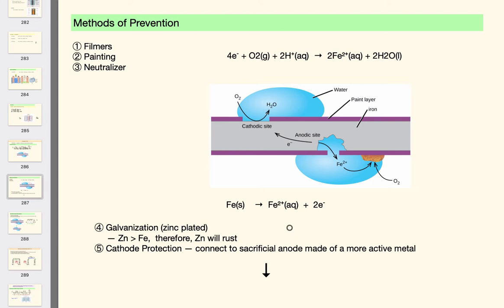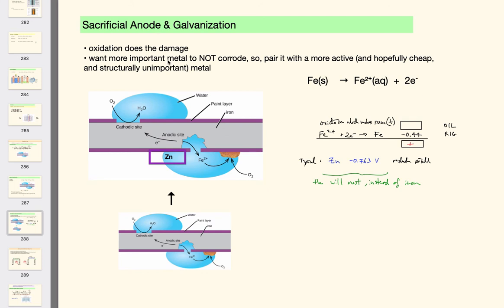There's two more that get at the reaction of iron going to iron 2. And that's called galvanization. And you've heard of a galvanized nail, no doubt. And then one is called cathodic protection. Now what's causing all this problem is iron is being oxidized to iron ion. Now how could we stop that?